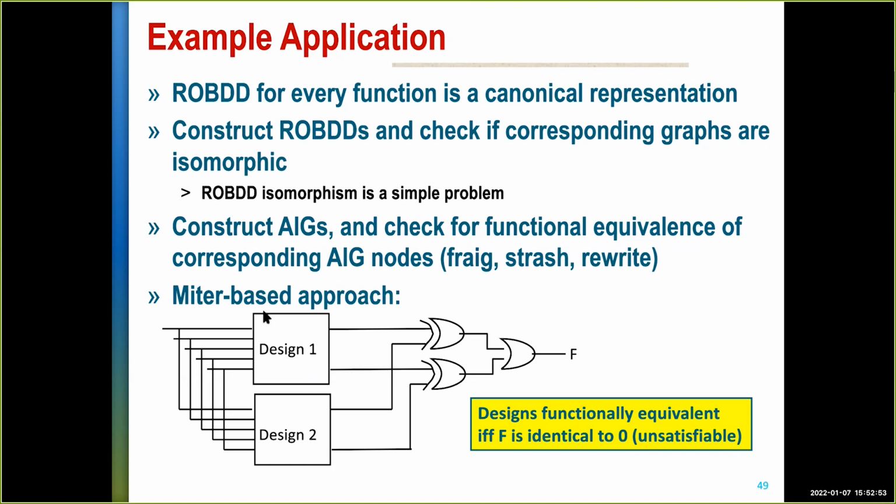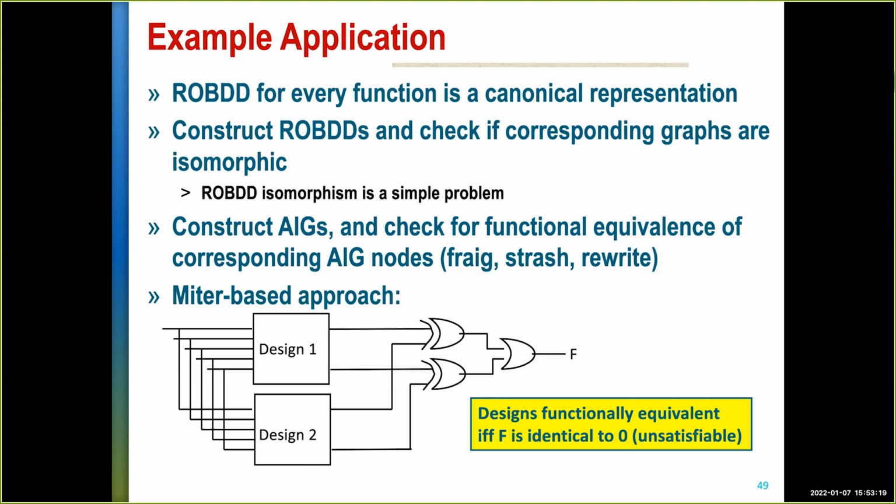So when you're constructing the AIG, it is perfectly possible that AIG nodes representing the functionality of intermediate circuit gates here and intermediate circuit gates here may get collapsed because of strashing, fraiging maybe, right?